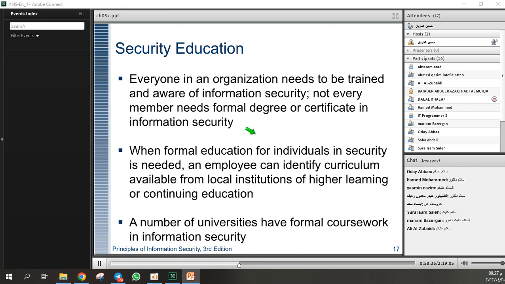Maybe you say, okay, should they have, for example, formal degrees, university degrees or something like that, or some special certificate?